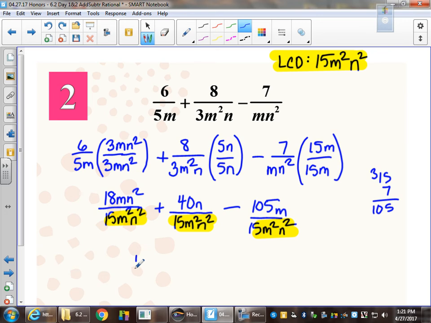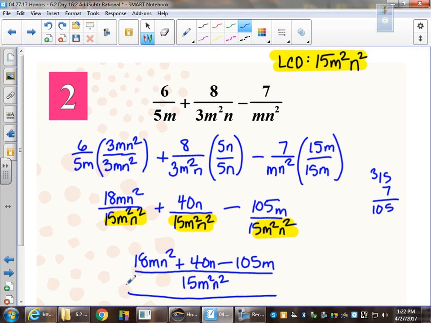I'm just going to read across the top: 18mn squared plus 40n minus 105m. And then in the denominator, I've got 15m squared n squared. As far as we can go. And we're done.